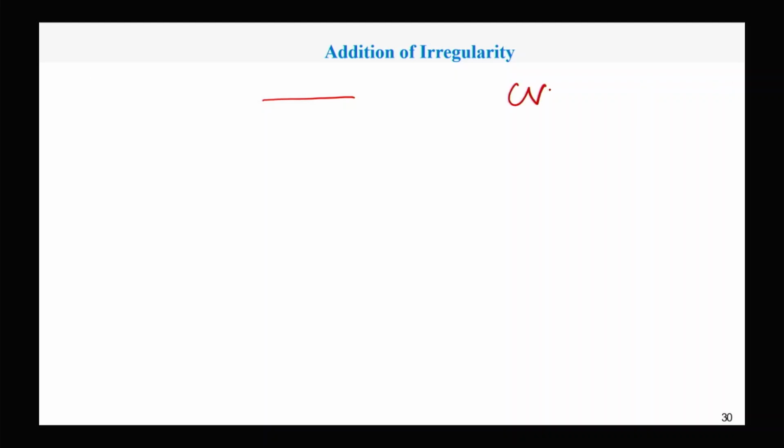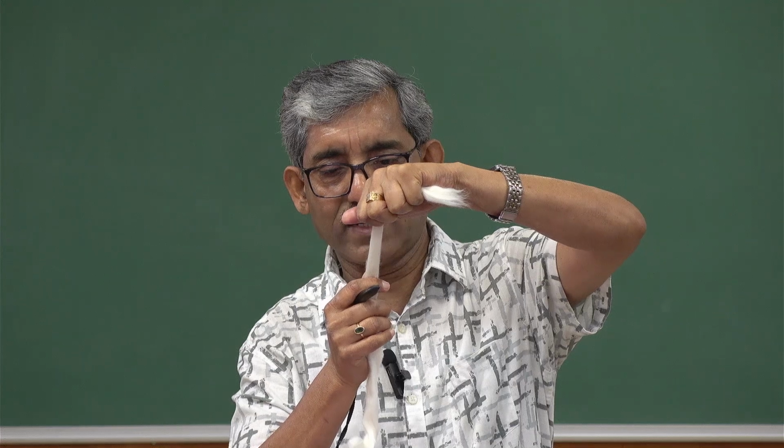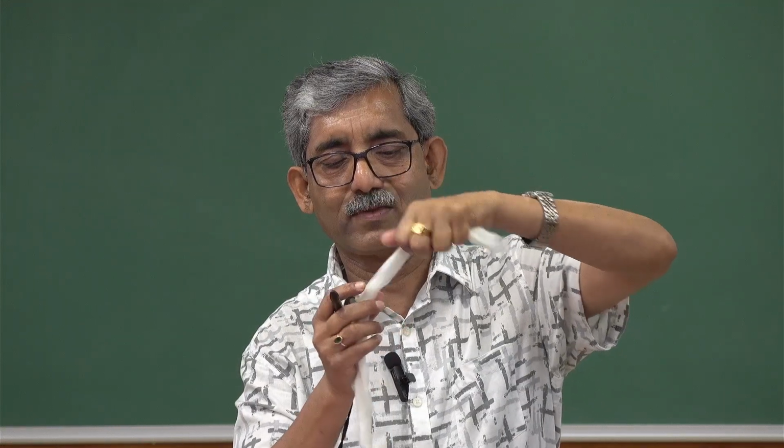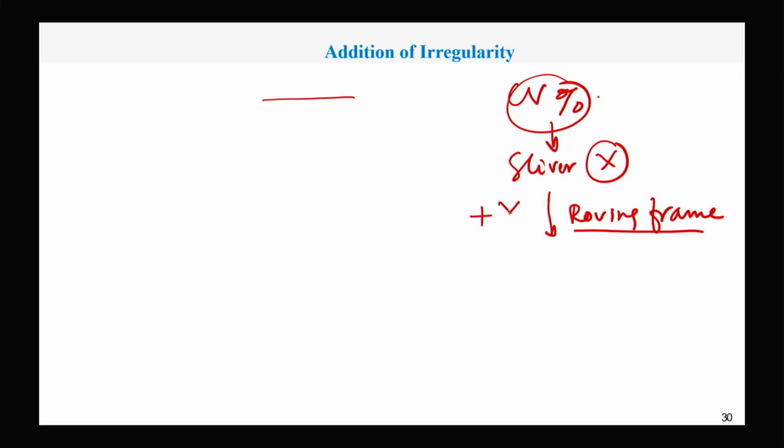Say the CV% of a strand, say sliver, is X. When the sliver is placed in the roving frame, it is stretched to form roving, and during the stretching process in the roving frame it is adding one CV.